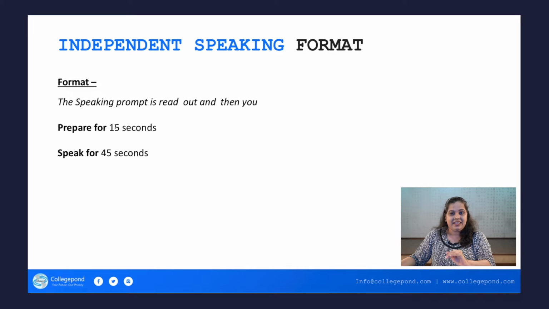After those 15 seconds are up, there will be another beep, and then you get a total time frame of 45 seconds in which you have to record the response and finish your response within 45 seconds. Remember, you cannot afford to get cut off. You have to wind up. So this is a tricky one.